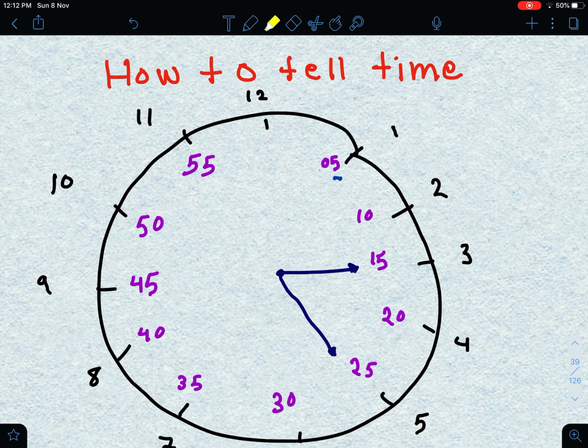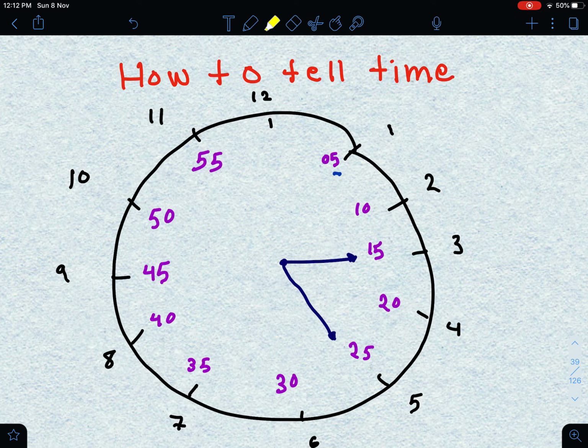Now, how to tell time? There are two ways or two methods to tell time. For the first one, as you can see here, I have written the hours in black: 12, 1, 2, 3, 4, 5, 6, 7, 8, 9, 10, 11. These are the hours.